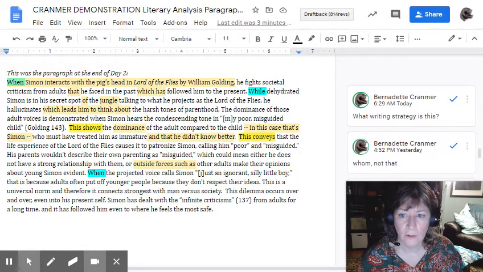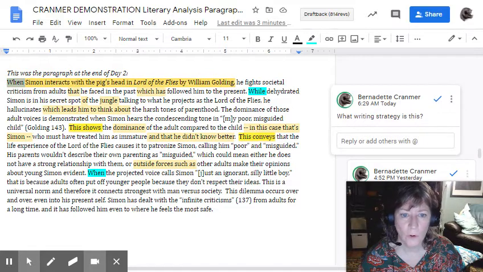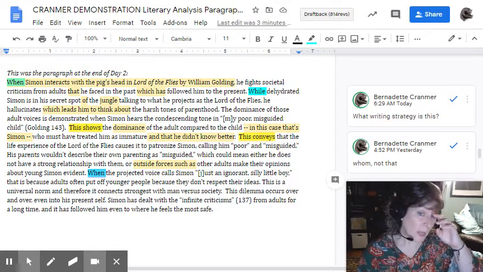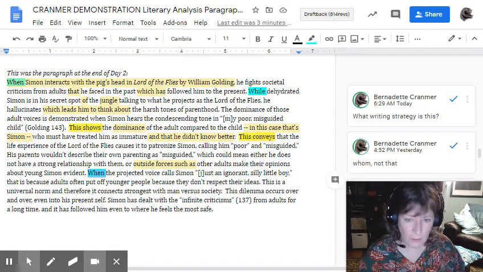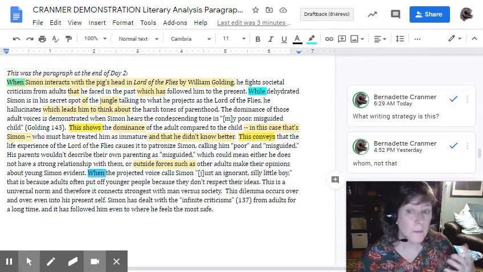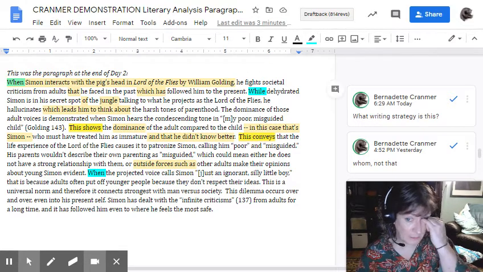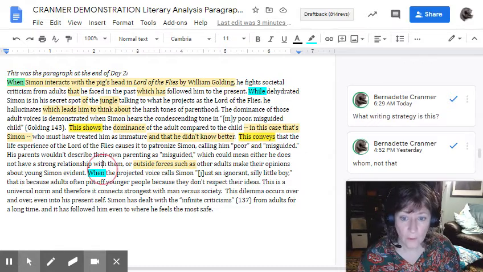You'll notice that I've got a when is in blue, while is in blue right here, and when is in blue again. We've used the same writing strategy 3 times. It's an introductory phrase all about time. When Simon does something, while dehydrated Simon does something, when the voice talks to Simon.